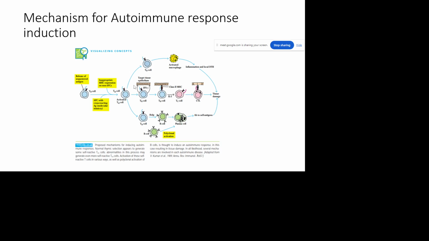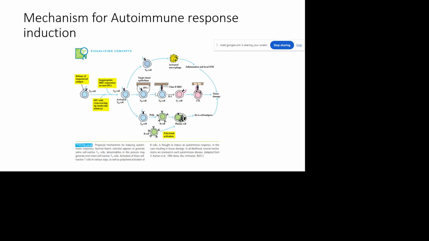Then the helper T cell will secrete IFN gamma. This IFN gamma secretion will help the target tissue epithelium to express class 2 MHC, which will present the antigen, and this antigen is the target tissue antigen only, which is a self antigen.